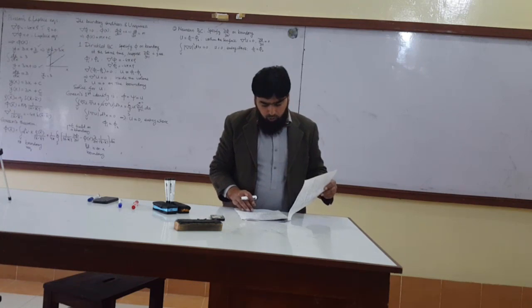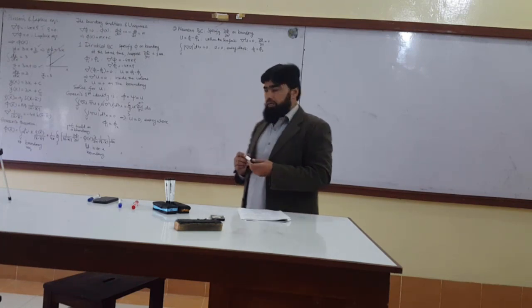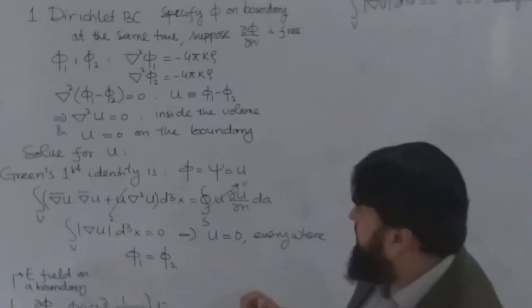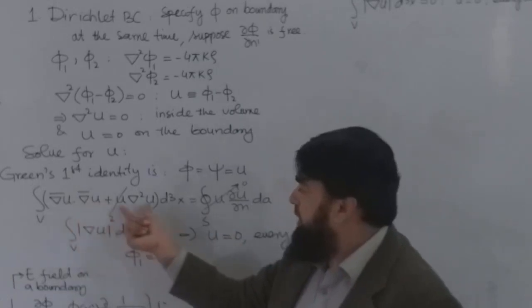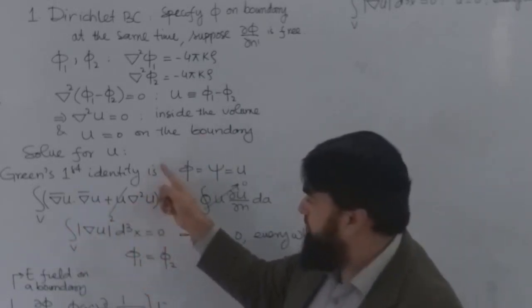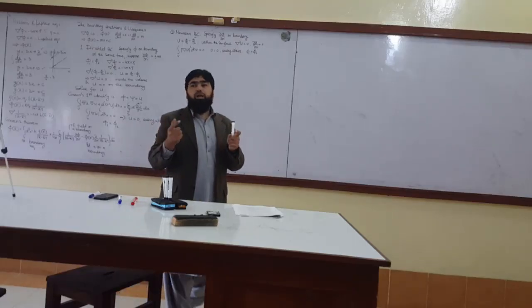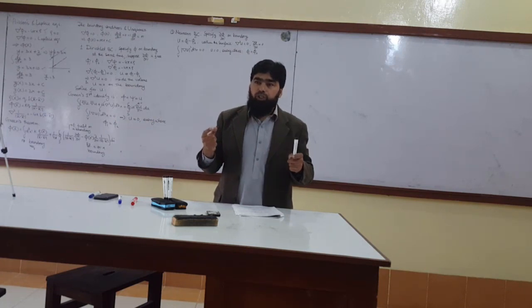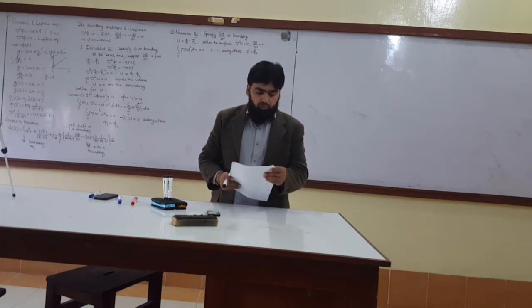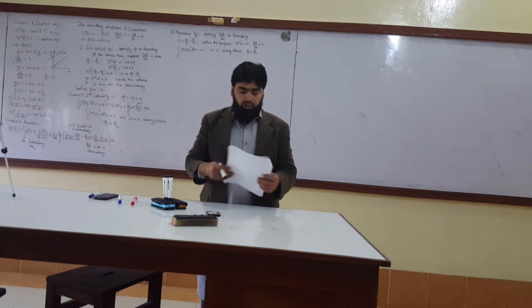We will calculate one thing more: in the Green's function, we have made the sum of this term and this term equal to 0, then some term remains from averaging that value, and that we will discuss after a while. But first we will see the solution of Poisson's equation using Green's function.